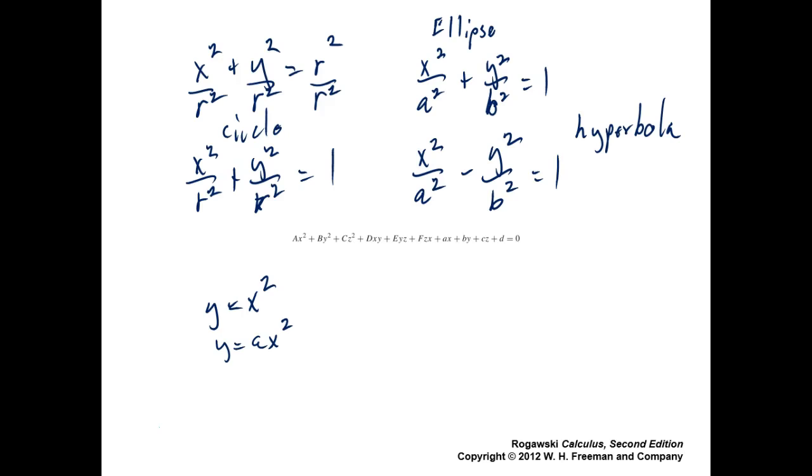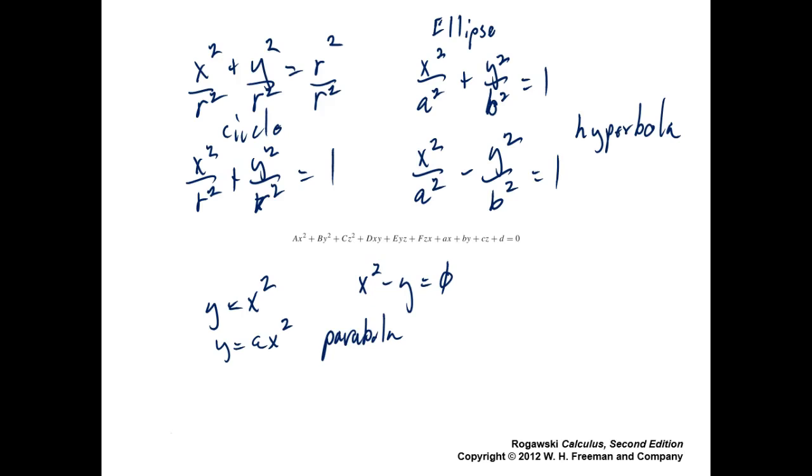Okay, so that would be it. Now, how else could we express that? That could be x squared minus y is equal to 0. But this, we'll come back to that. Okay, but that's your parabola, basically, stuff like that. Okay, or ax squared.